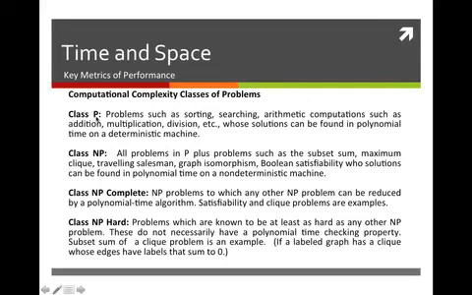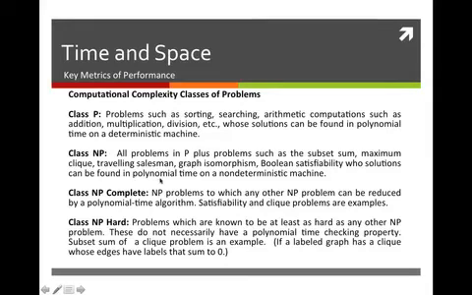The class P of problems are those things that we could solve on a deterministic machine in polynomial time: sorting, searching, arithmetic computations such as addition, multiplication, division, whose solutions can actually be found in polynomial time. Those are class P problems. Class NP problems are those that are polynomial time in terms of execution, but the machines that they run on are not deterministic. They are on a non-deterministic machine. The subset sum we just looked at is one example.